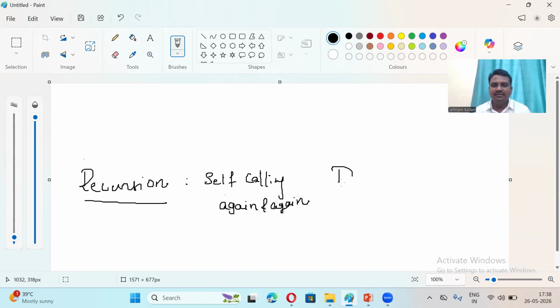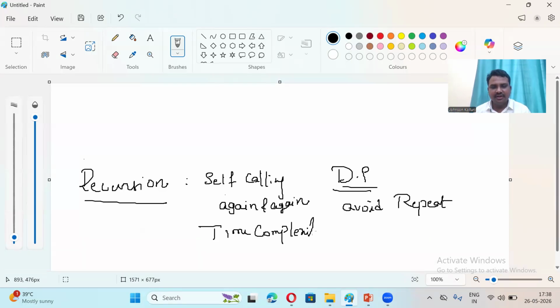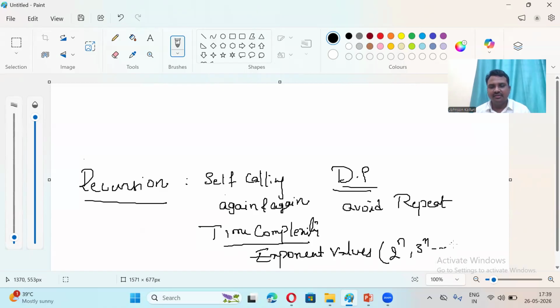Then in dynamic programming, the main purpose is to avoid repetitions. When there are repetitions, what happens? The time complexity becomes exponential, very high values. We cannot easily bound these exponential values like 2 to the power of n, 3 to the power of n, and so on, k to the power of n.